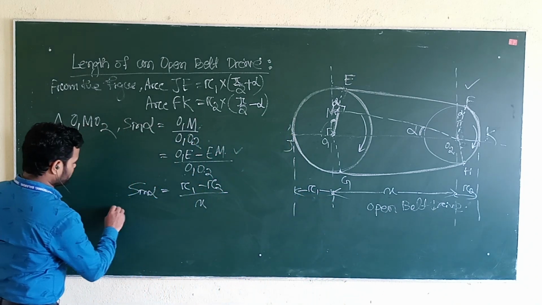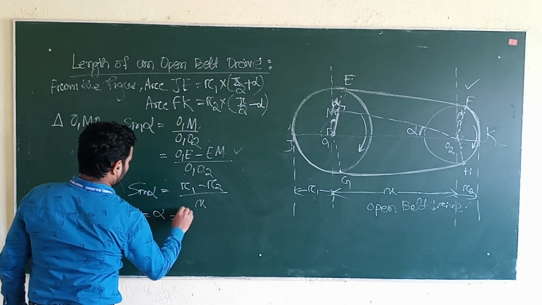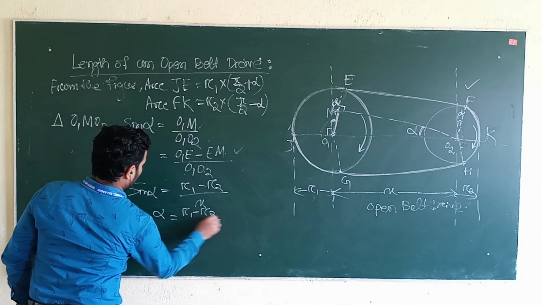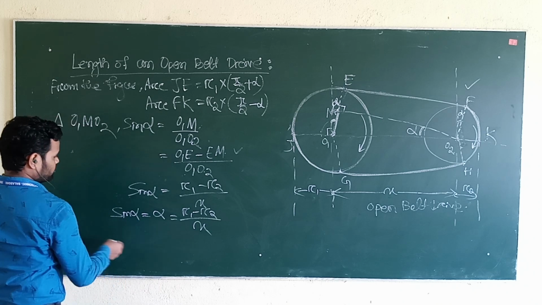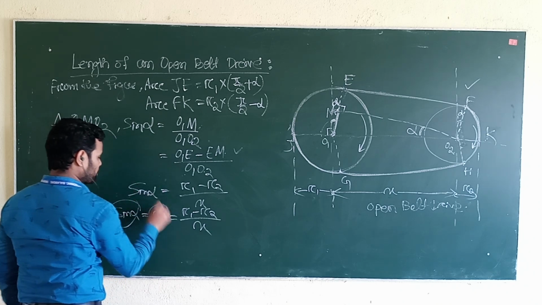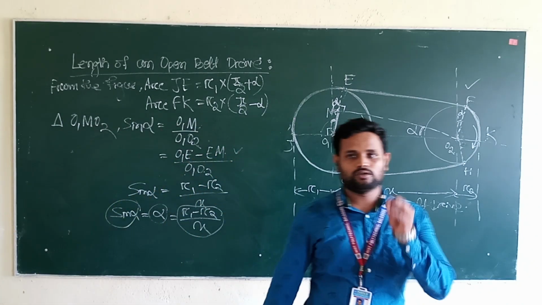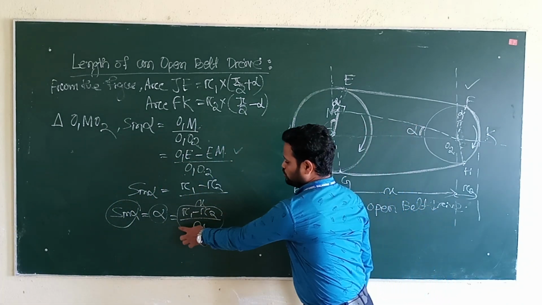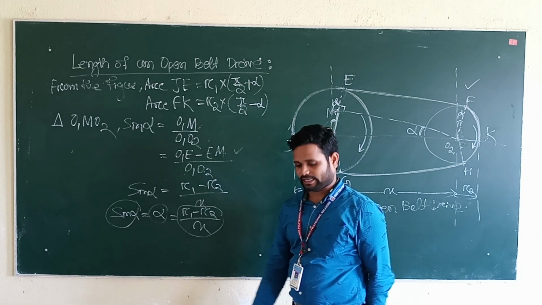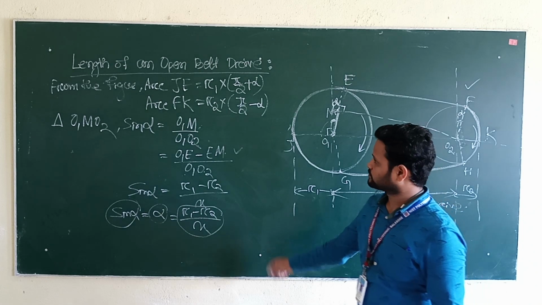So here we will write sin alpha equal to alpha equal to (R1 minus R2) by X. So in place of sin alpha, you can write alpha, and alpha is equal to (R1 minus R2) by X. Remember that alpha is equal to (R1 minus R2) by X. Make a note. Then we will derive.